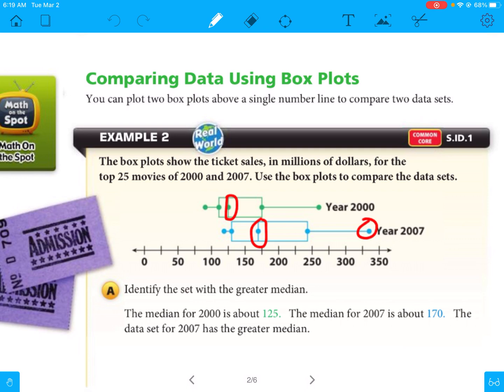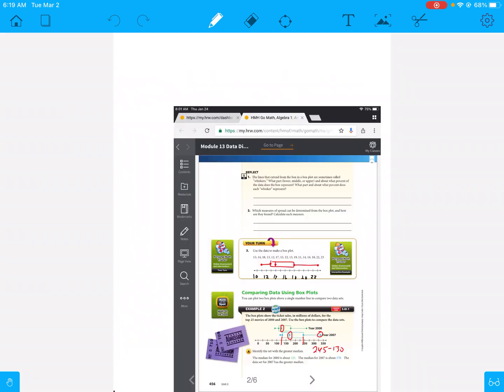You can say this is about 245, and this could be about 130, so you could do 245 minus 130. Or you could just look at the box and the size of it. The blue one is going to have a higher interquartile range than the green one. So there are different ways that you can compare.